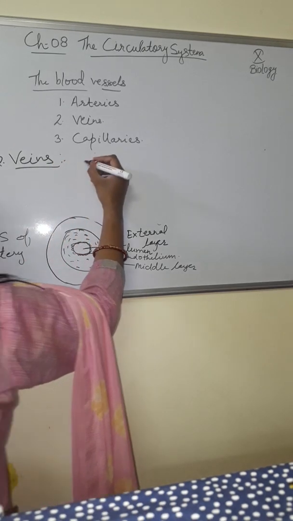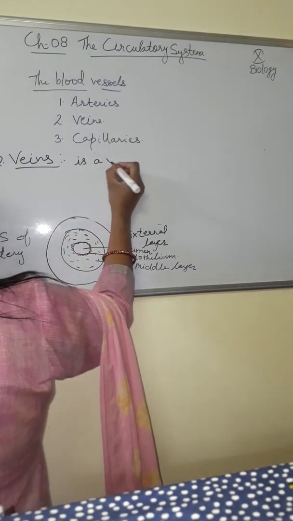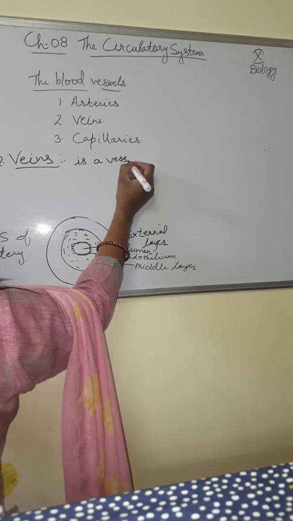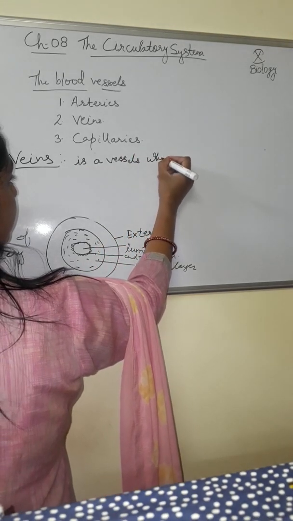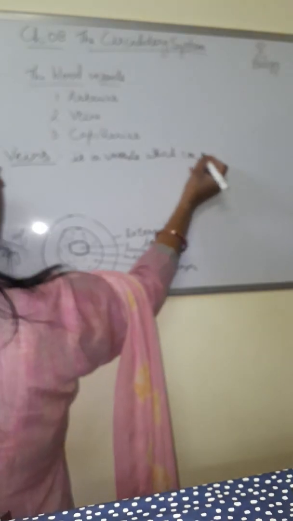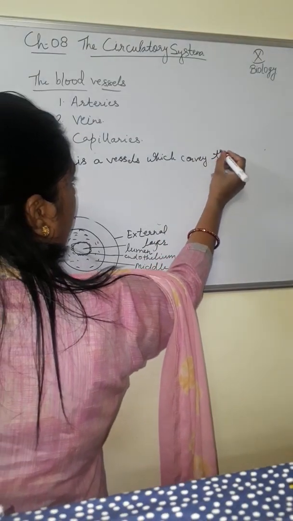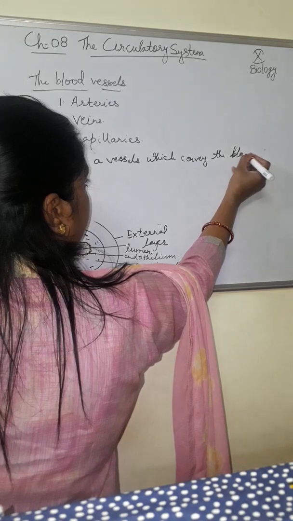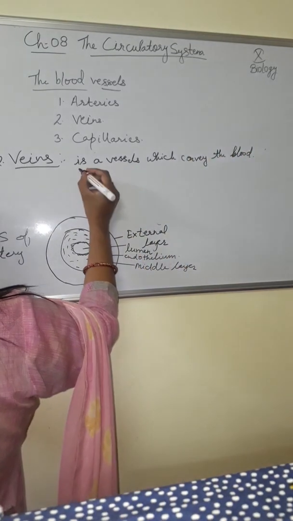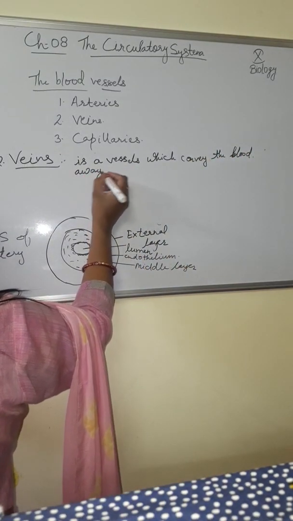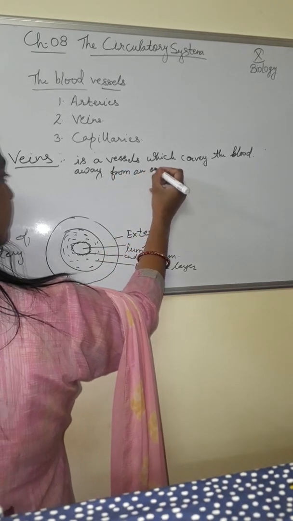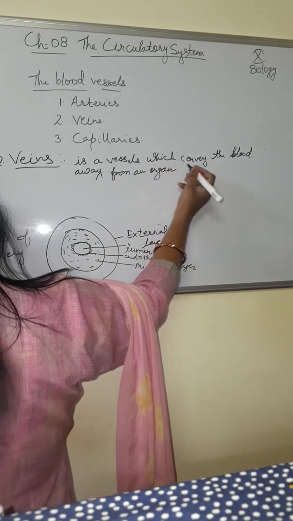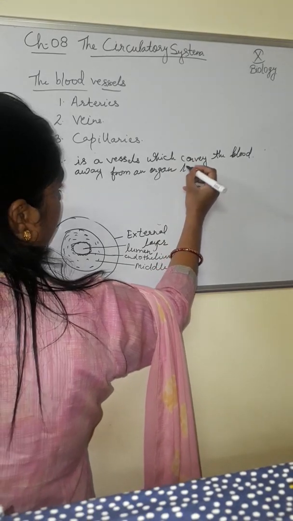Veins is a vessel which conveys the blood away from an organ towards the heart.